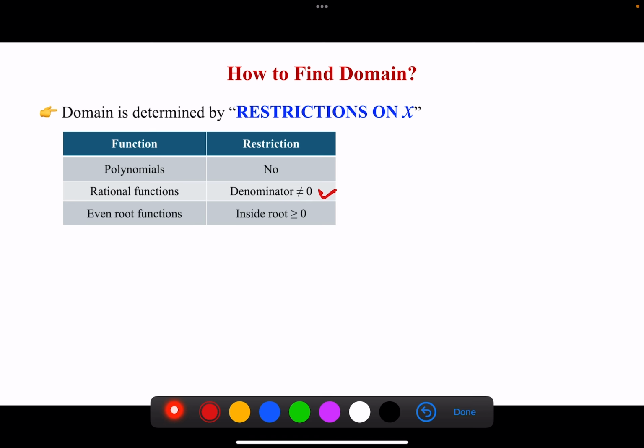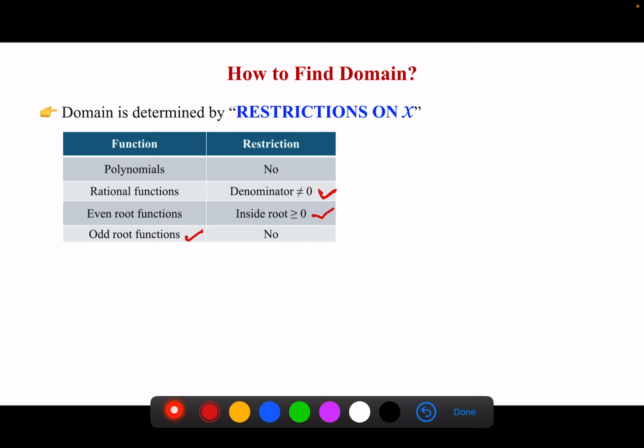If we talk about even root functions, like square root function, fourth root function, the inside expression must be non-negative. So here we write that inside the root it is greater than or equal to 0. For odd root functions like cube root function, fifth root function, there is no restriction at all.